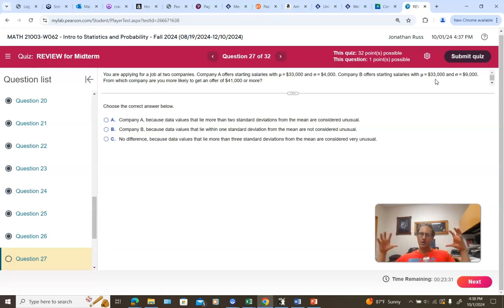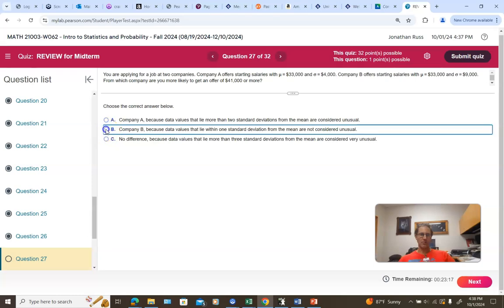With company A, all the salaries are real close together to 33,000. And getting an offer of 41,000 is going to put you 2 standard deviations away from the mean, which is going to be pretty rare. So I think I'm going to go with company B. And it says here, because data values that lie within 1 standard deviation from the mean are not considered unusual. Okay, remember that?